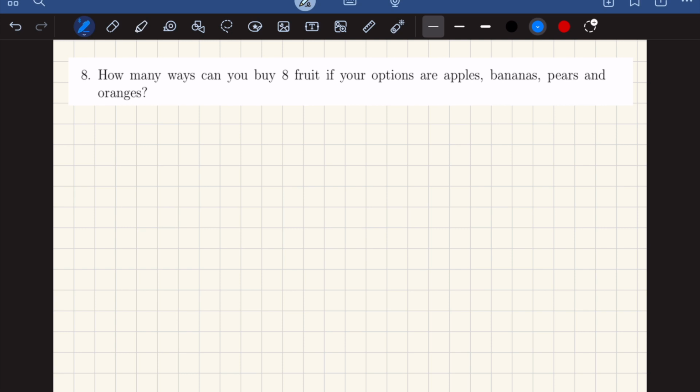So this question is not related to binomial counting. Let's try to solve this. You want to buy 8 fruits, and you have the options of apples, bananas, pears, and oranges. For example, you could take 2 apples, then 3 bananas.